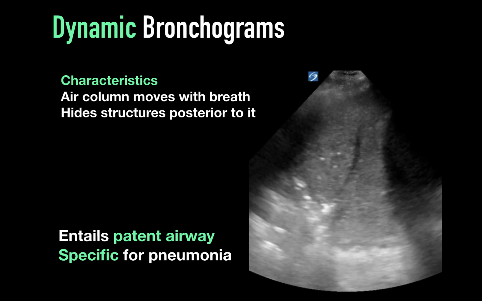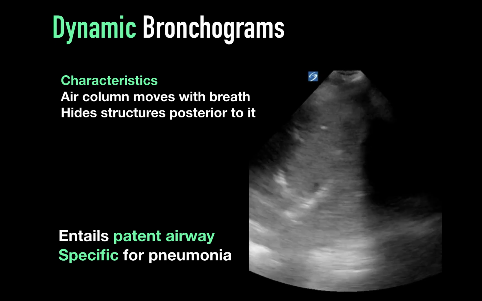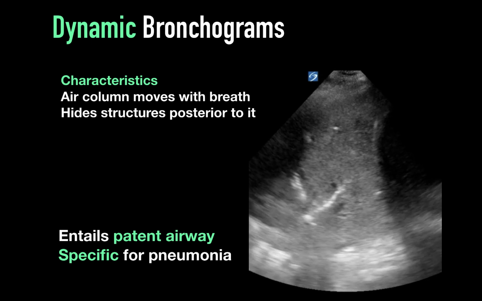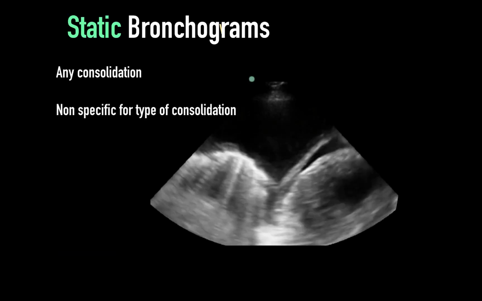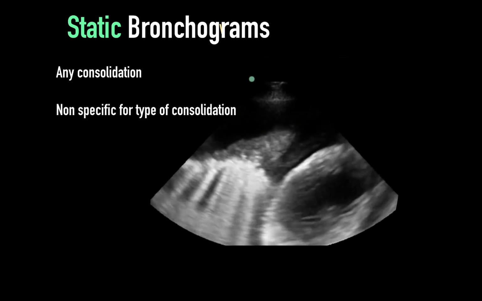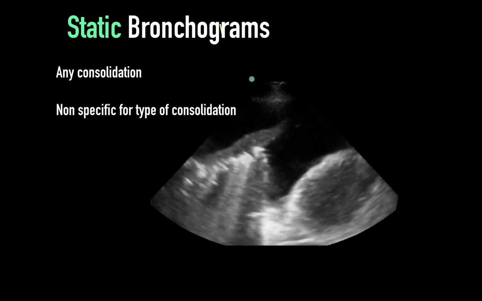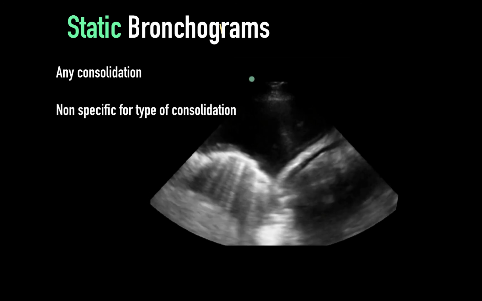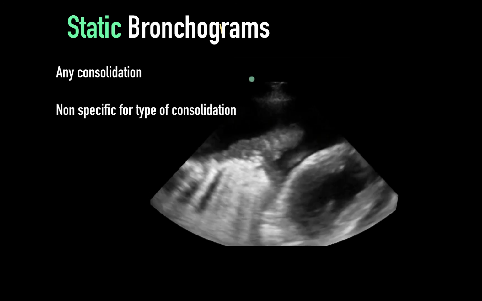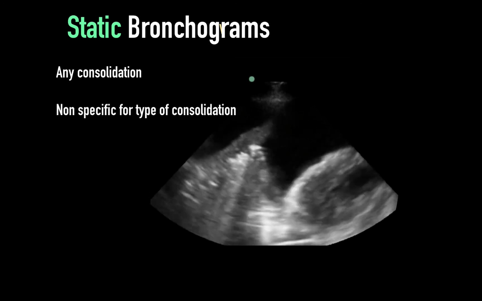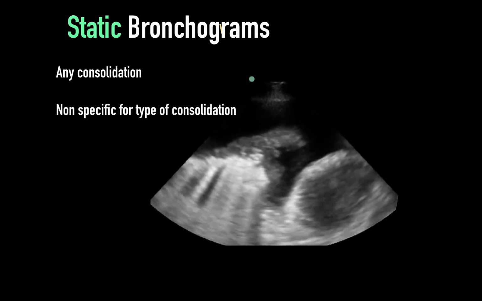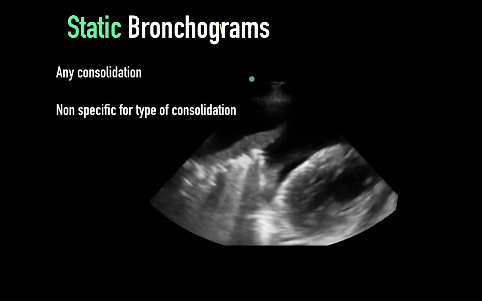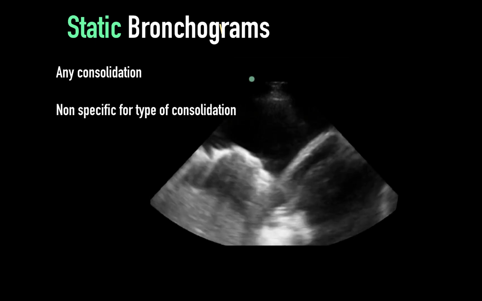You may often see on occasion that there are linear anechoic tubes that represent the paired bronchial vasculature. Conversely, there are static air bronchograms that offer no such dynamic movement, as there is air in the bronchioles, but this air is not flowing. This is often due to significant atelectasis, which means the bronchial tree is not connected to the main tracheobronchial tree and sees no airflow.